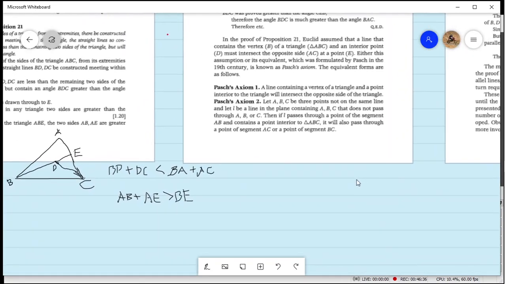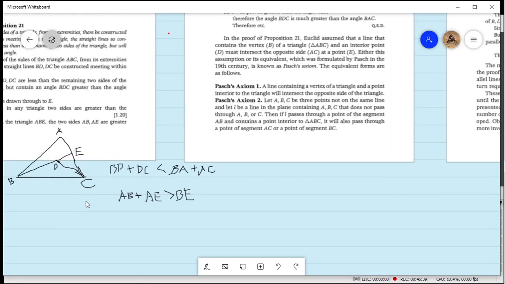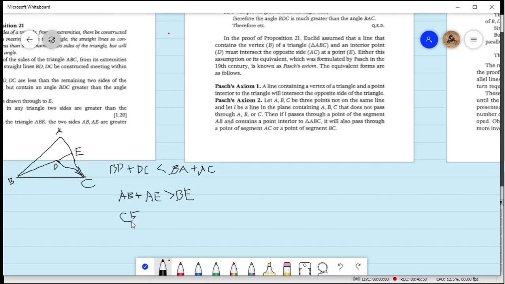So in this triangle here, we would also have CE plus DE or ED would be greater than CD. So that is again the triangle inequality.